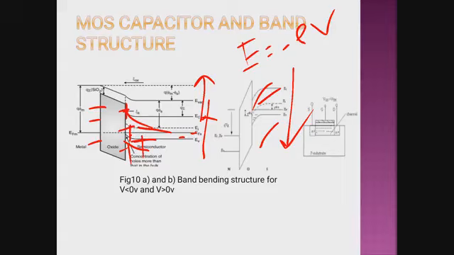This is the Fermi level E_F, and the edge of the valence band is moving away from it.